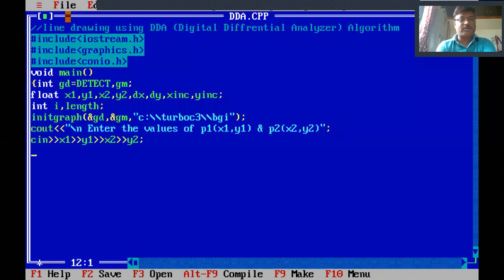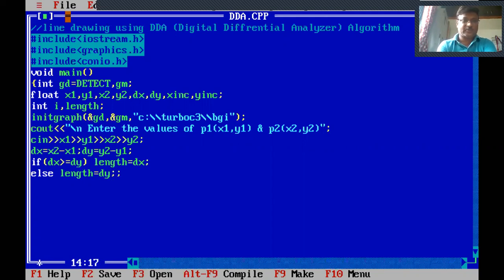Then calculate dx. dx is equal to x2 minus x1, and dy is equal to y2 minus y1, correct, and then you have to calculate length. If dx is greater than or equal to dy, then length is equal to dx, else length is equal to dy, correct.